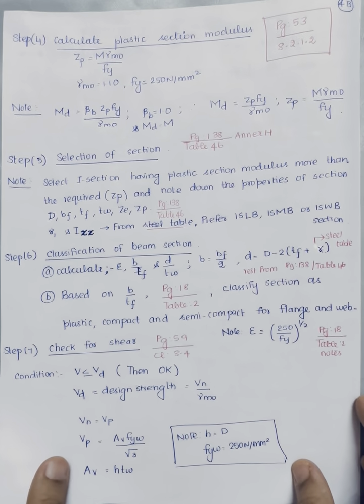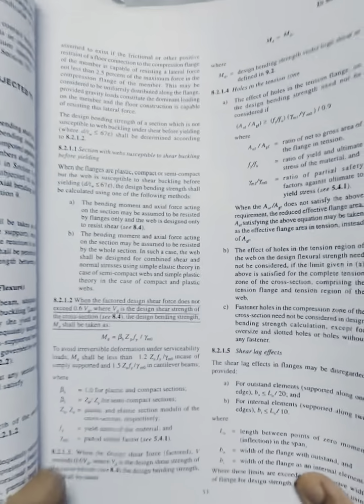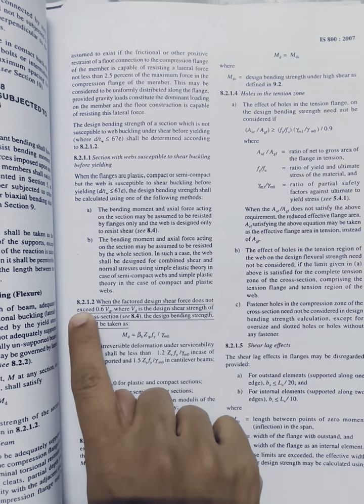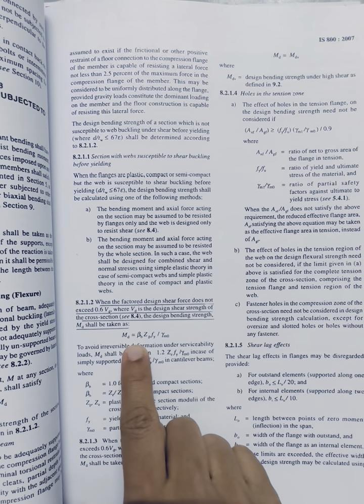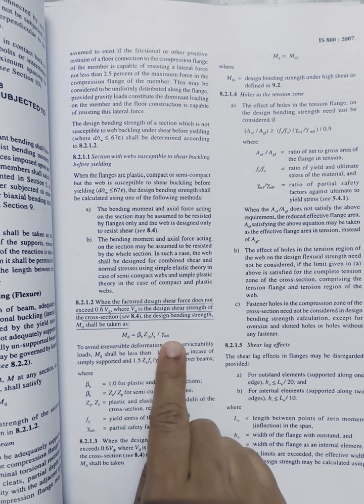Next, step 4. Step 4 is the calculation of the plastic section modulus. This can be calculated from the formula given on page number 53 under the clause 8.2.1.2. So if you see here, page number 53, 8.2.1.2, it is clearly mentioned MD is equal to beta B ZP Fy by gamma m naught.